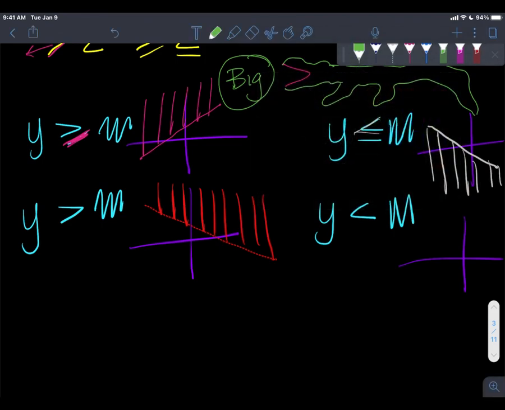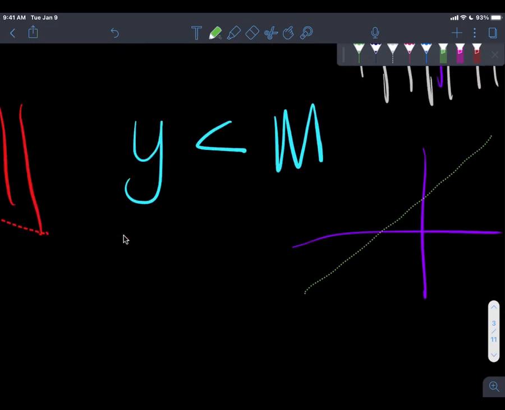Next one, again, here's a random line. I see that this is y less than the equation. No extra line, that means this is going to be a dashed line. And it's y smaller than, so I shade below.